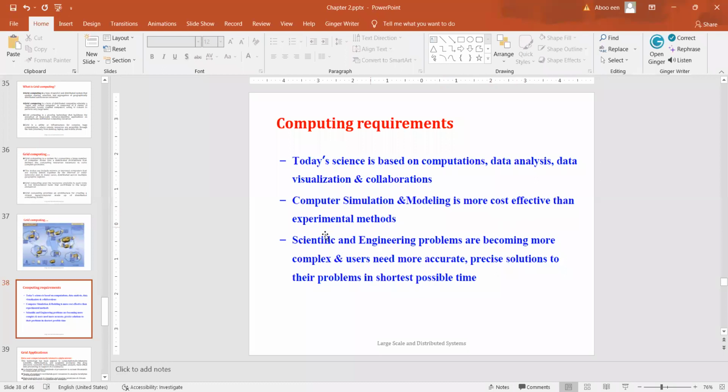Rather than doing the physical or practical experiment, they can perform simulations or modeling. So there are different kinds of computing requirements.